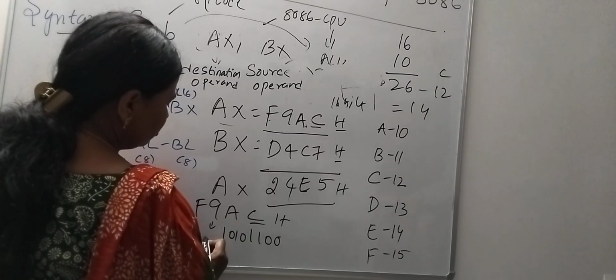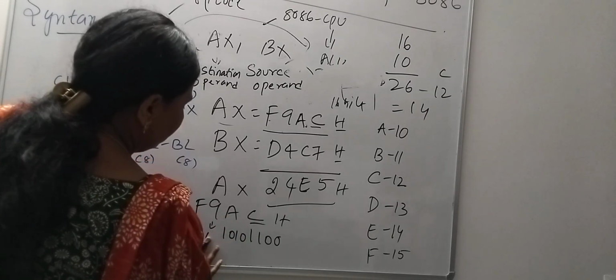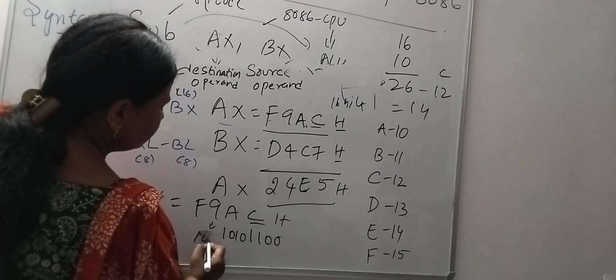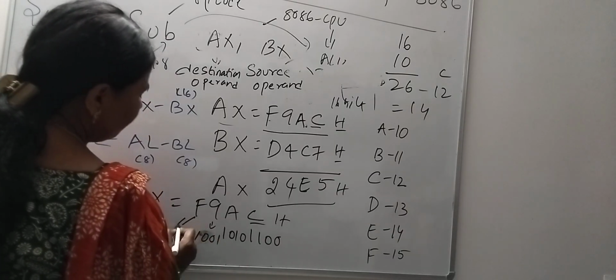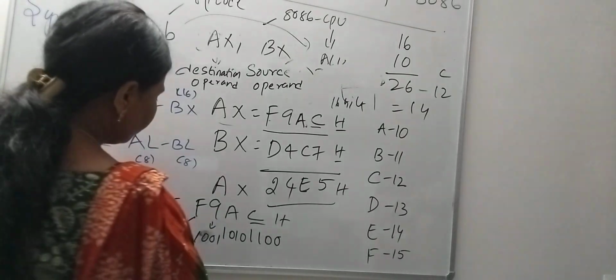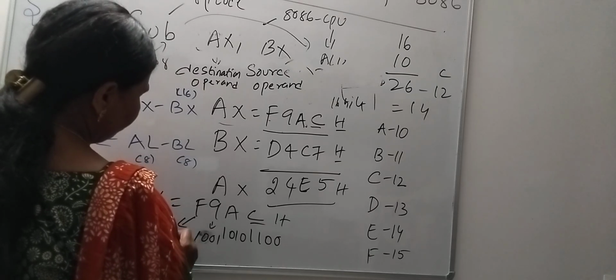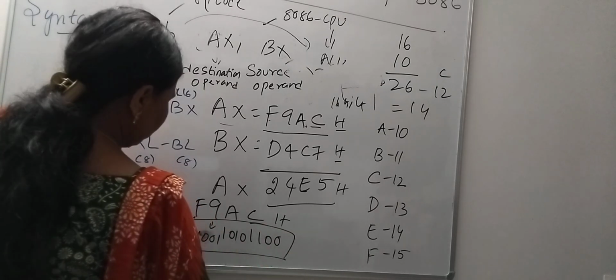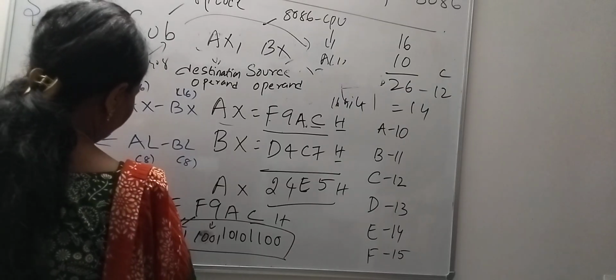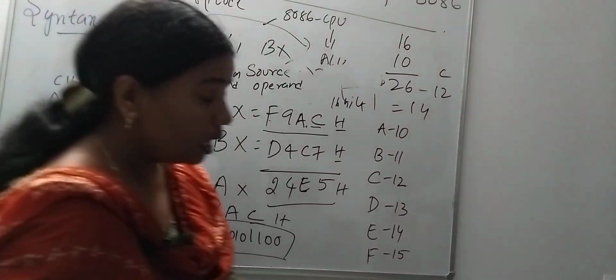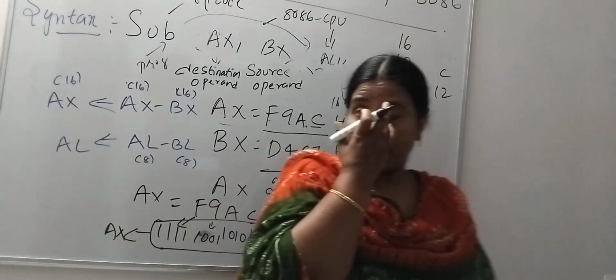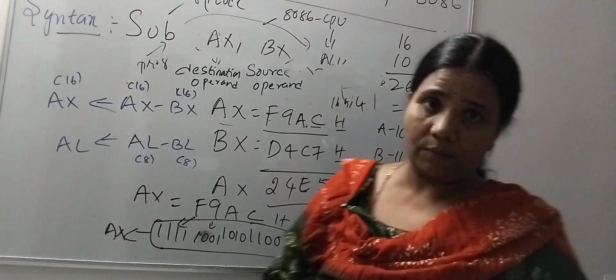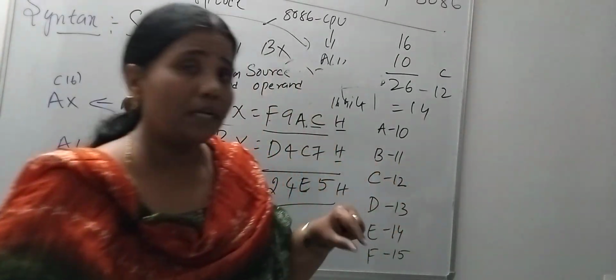How is 9 stored? 1001. Then F, which is 15, is 4 binary bits, 1111. So all these 16 bits will be stored in the AX register of the 8086 in the form of binary bits. We have taken hexadecimal for the user to understand in programming.